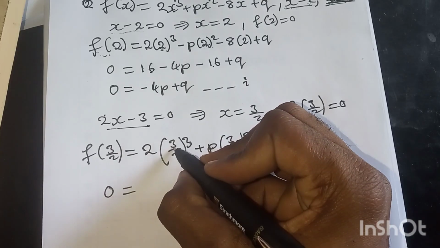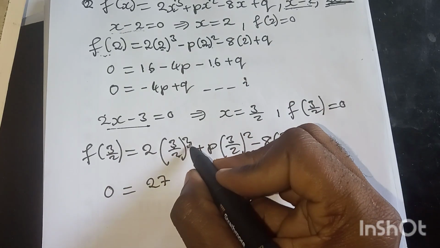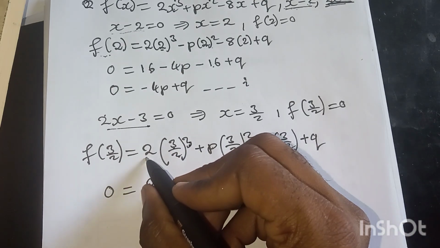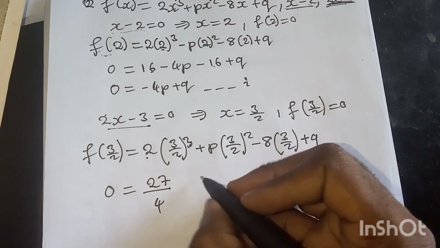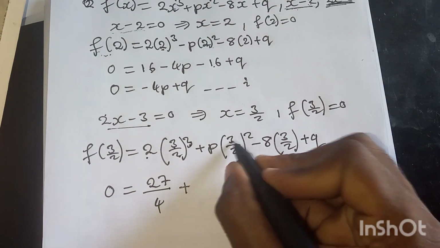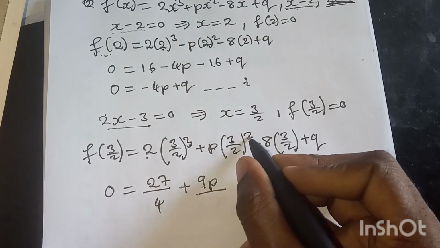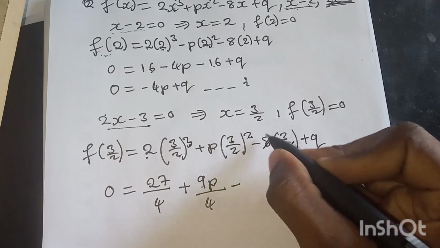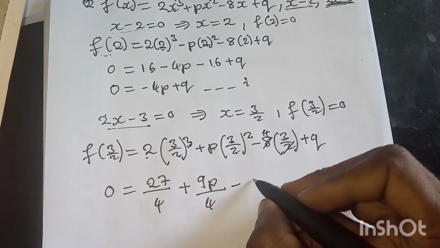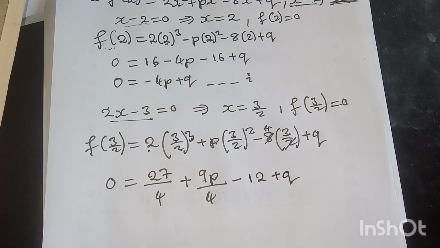So 3 to the power 3 is 27, then 2 to the power 3 is 8, and then because of these 2, this will be a 4, and then 3 squared is 9 multiplied by p, 9p. 2 to the power 2 is 4, and then we can do this. 4 by 3, this is 12 plus q, and then we can simplify this.